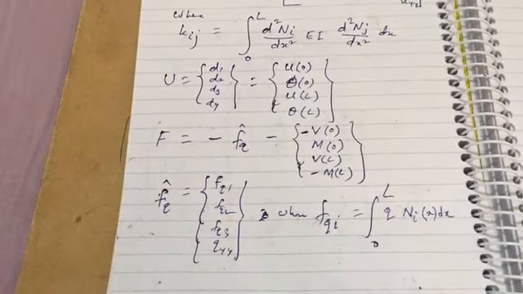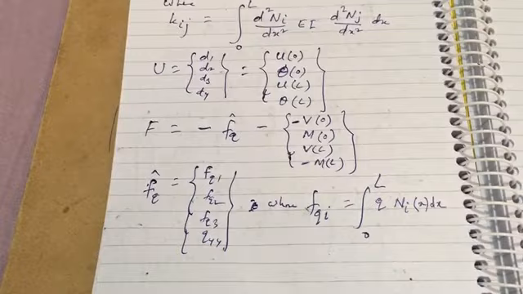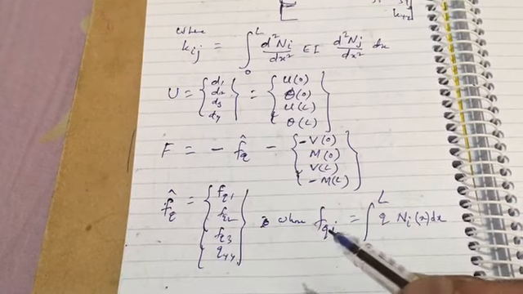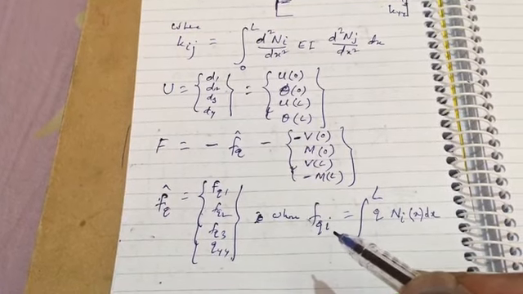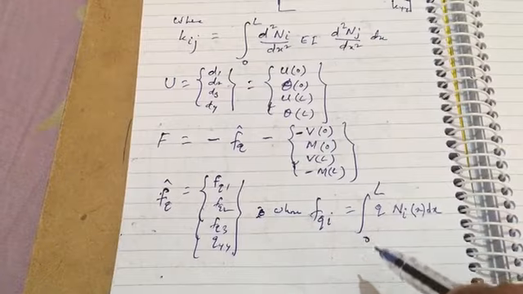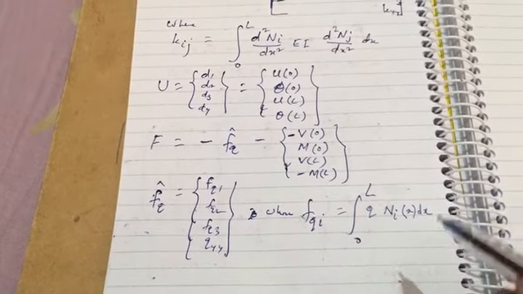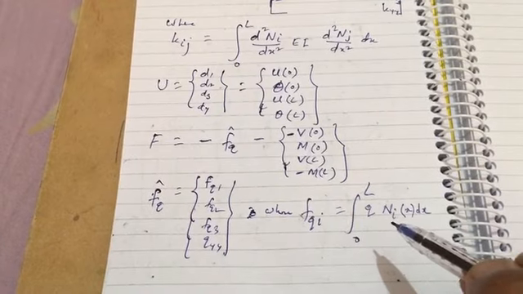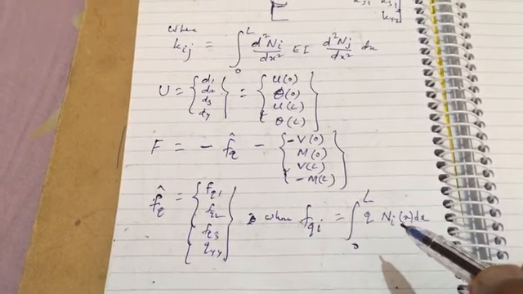So this is what this one is. Everything we know now. For example, we know Fqi: q is known, q will be given because this is the loading, a distributed load. Ni we know already, we have the expression for that.